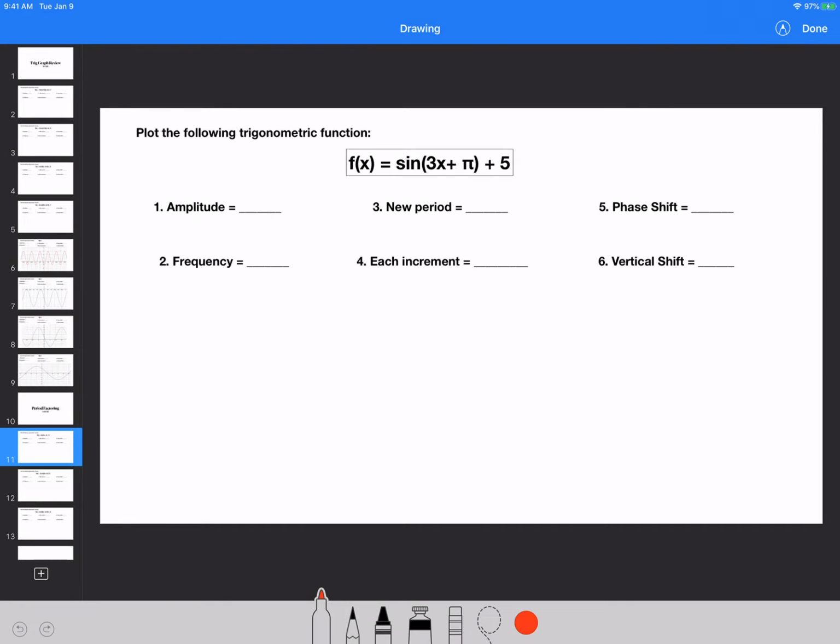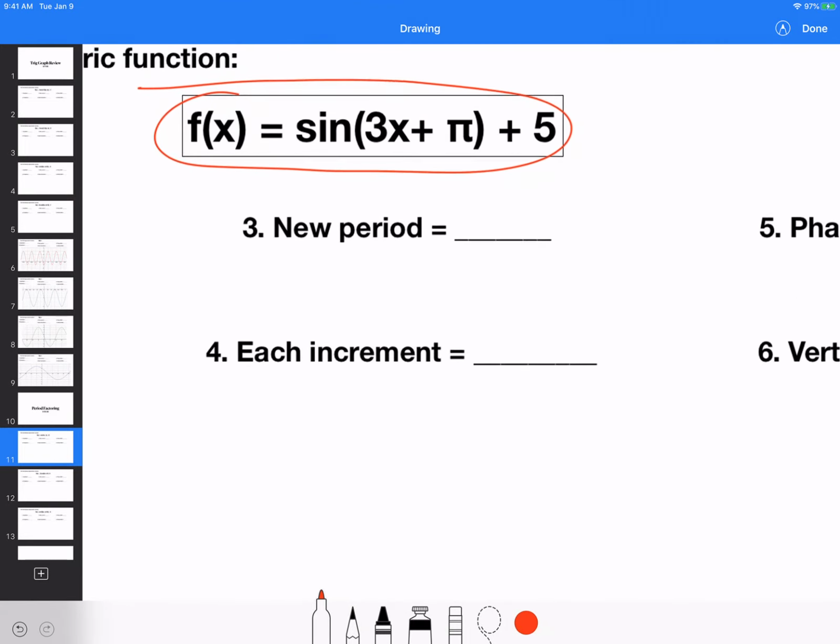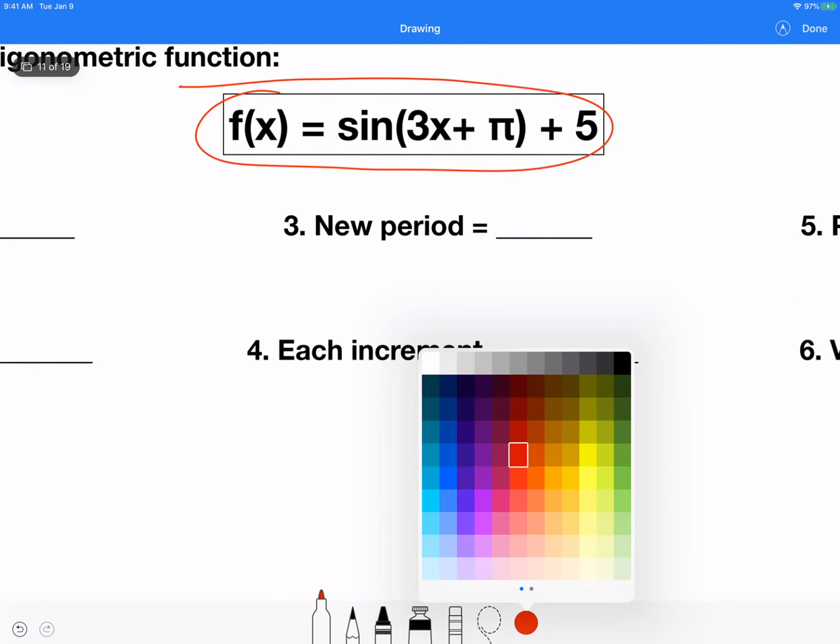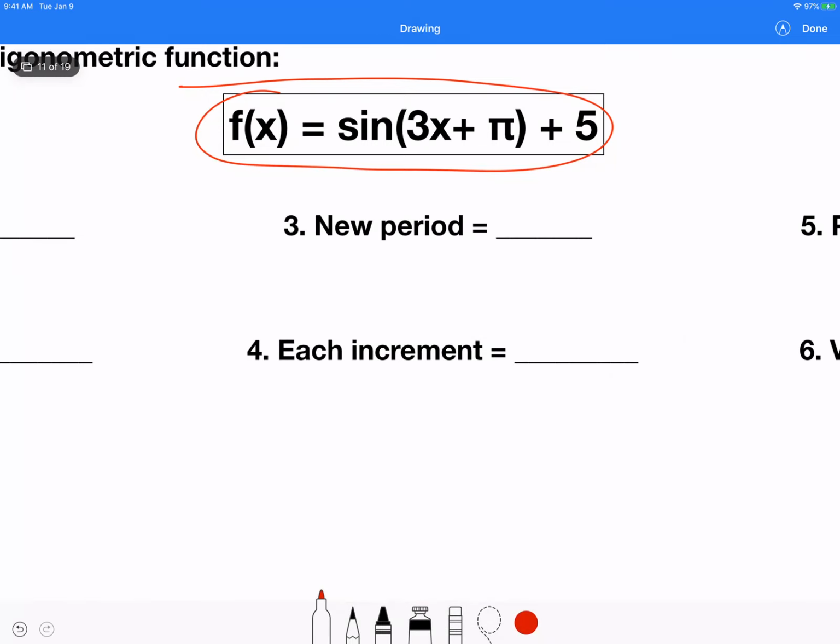I modified one of the questions that we had before into looking something like this. So when you see a question like this one, you must understand that whatever you see is not the phase shift all the time.